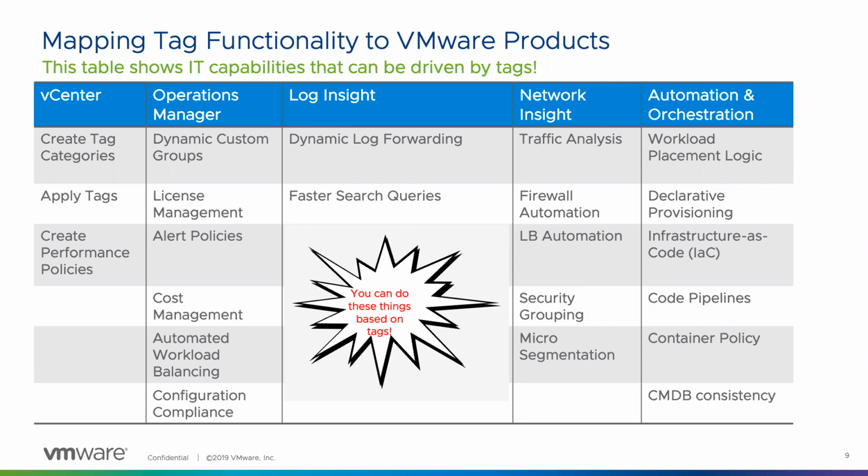So on the left-hand side, you see that's where we can create those tag categories and apply tags. And on the far right-hand side, you can see we have more advanced capabilities like declarative provisioning and workload placement. So we're enabling a lot of different capabilities with tags across different product sets.